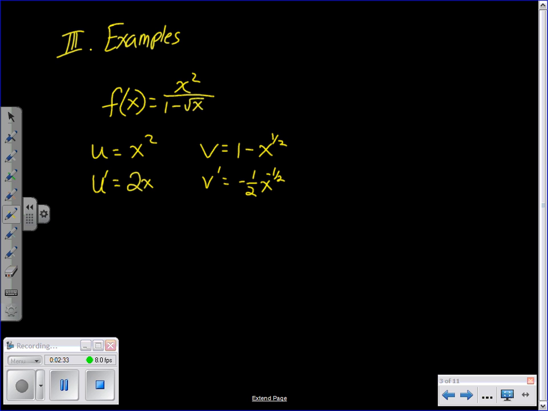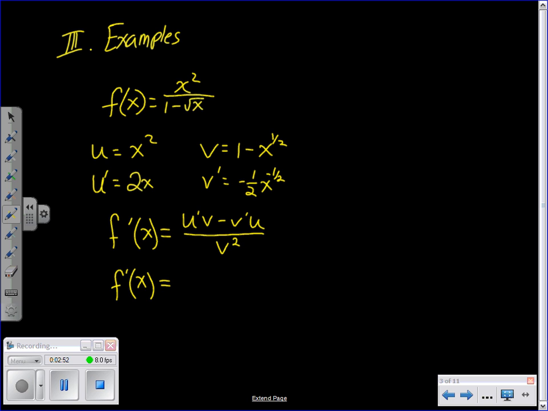So whenever I put it all together, my derivative f prime of x is going to be u prime times v minus v prime times u all over v squared. So putting that together, I'm just going to replace v, v prime, u, and u prime with what they're equal to.